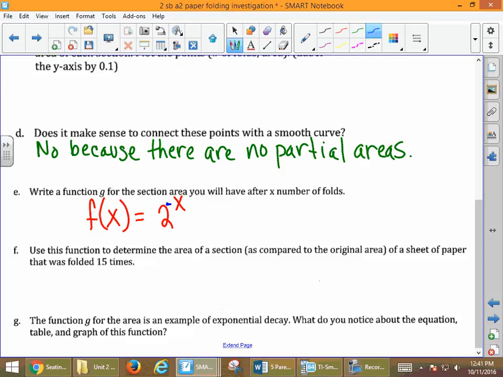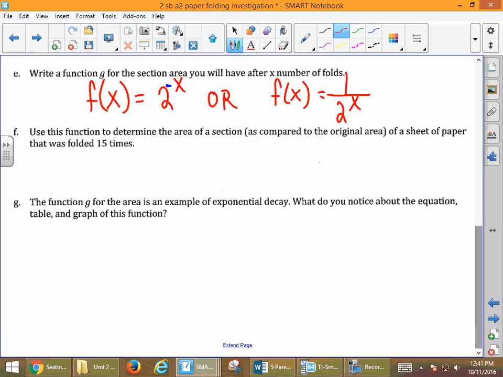Now, if you don't like that negative x, then the other way to write this, remember, is 1/2 to the x. So once we determine whichever function we need, then we can use this function to determine the area of the section when we have folded 15 times.